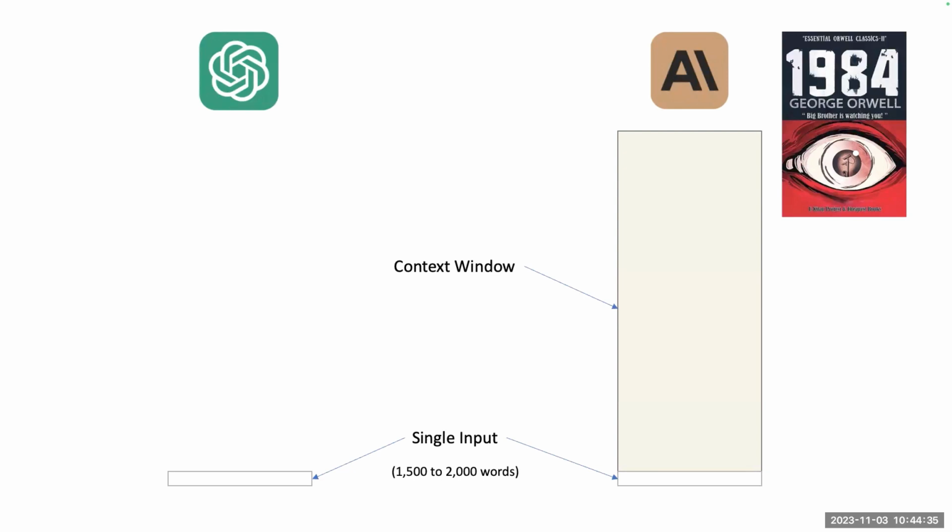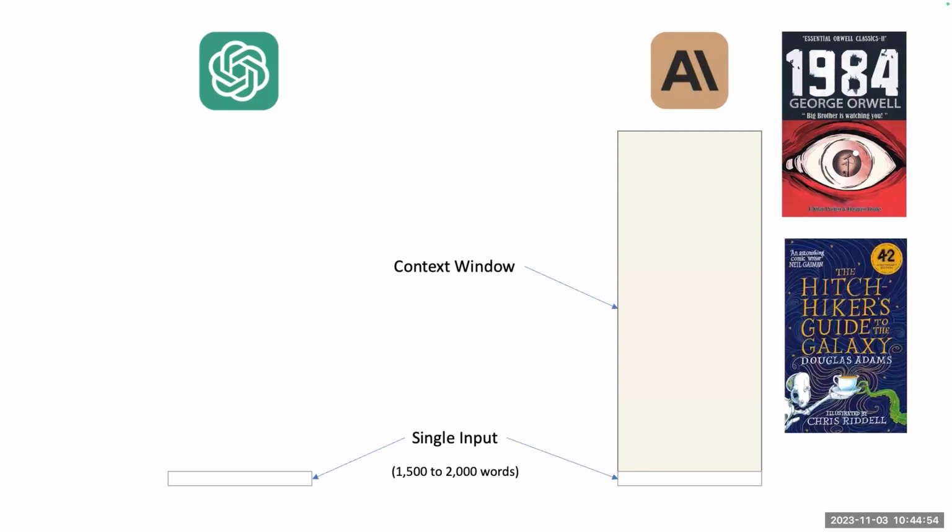So what that means is you could literally take George Orwell's book, 1984, upload it into Claude, and it would consume the entire thing. Now, you wouldn't have much left to ask questions because all of that is the entire context window, if you will. However, you could upload the Hitchhiker's Guide to the Galaxy, and you'd have plenty of room to ask it questions and to generate your own cliff notes and do a whole lot of stuff.